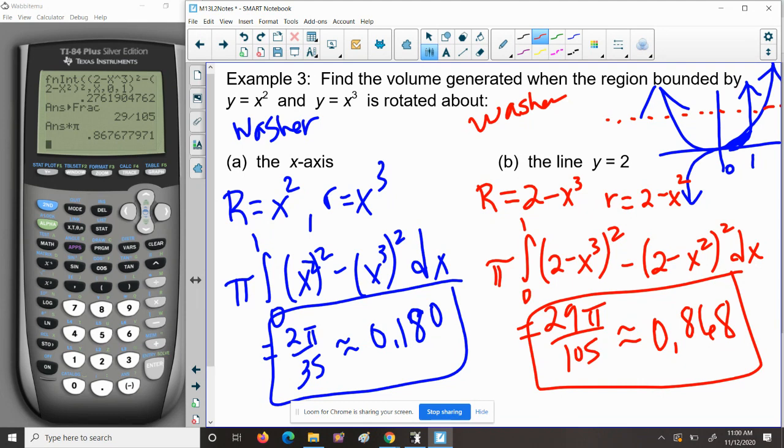If your line of rotation is below the region, then you may end up adding something. It just depends on where it is. But you're always referencing the line of rotation to the furthest part away of the region to find the big R, and the line of rotation to the closer part of the region for the little r. It's a lot easier when we have no empty space, but a lot of times you do end up with empty space and have to use the washer method.